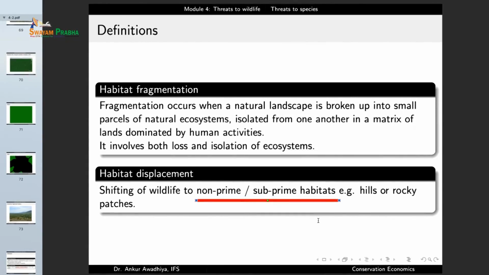And because these subprime habitats do not have sufficient food and water and other resources for the animals, slowly and steadily, the population of the wildlife will go on decreasing because the habitat does not have sufficient carrying capacity. So these are all different threats to the species.